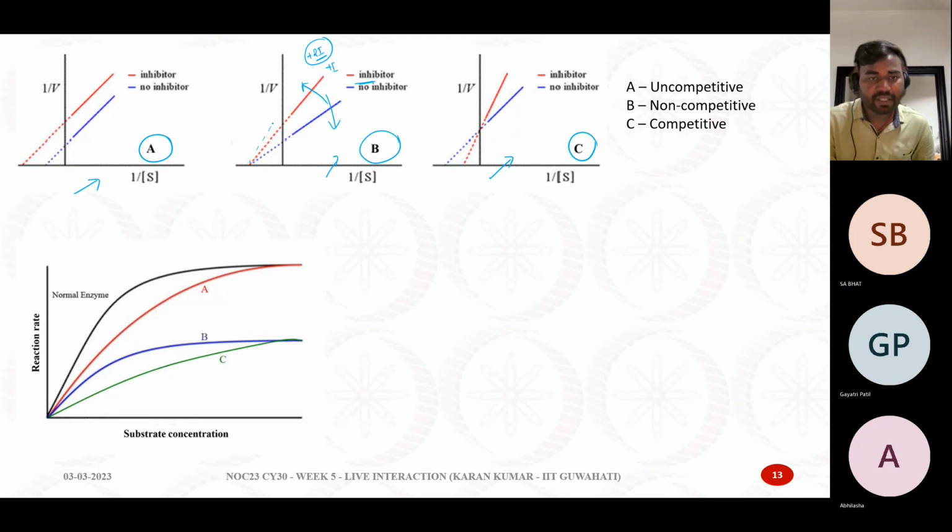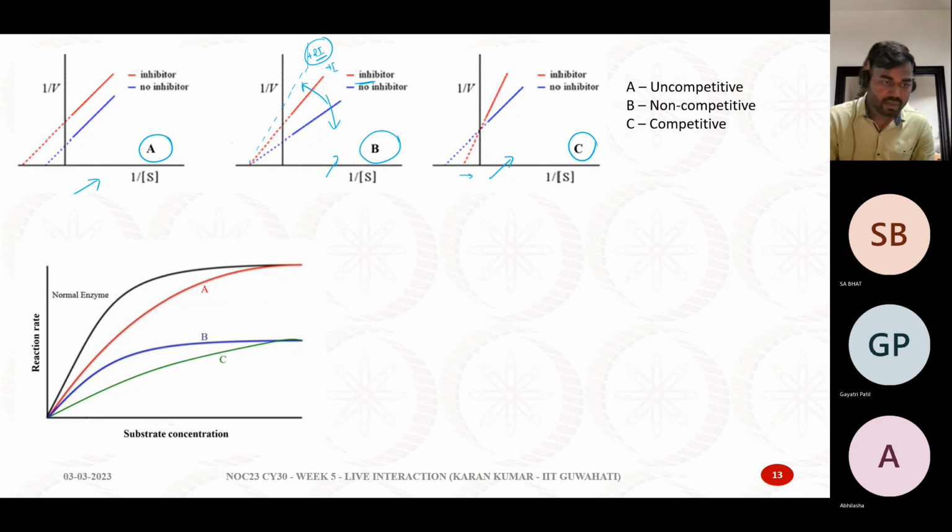Yes. The Km will be similar in case of non-competitive inhibition. Km will be similar, but the graph will shift in the anti-clockwise direction, and that is true for all cases. Okay. In case of competitive inhibition, if you increase the inhibitor concentration, again the intercept will move toward the origin side. The 1 by Km will reduce, meaning Km is increasing and Vmax is decreasing.